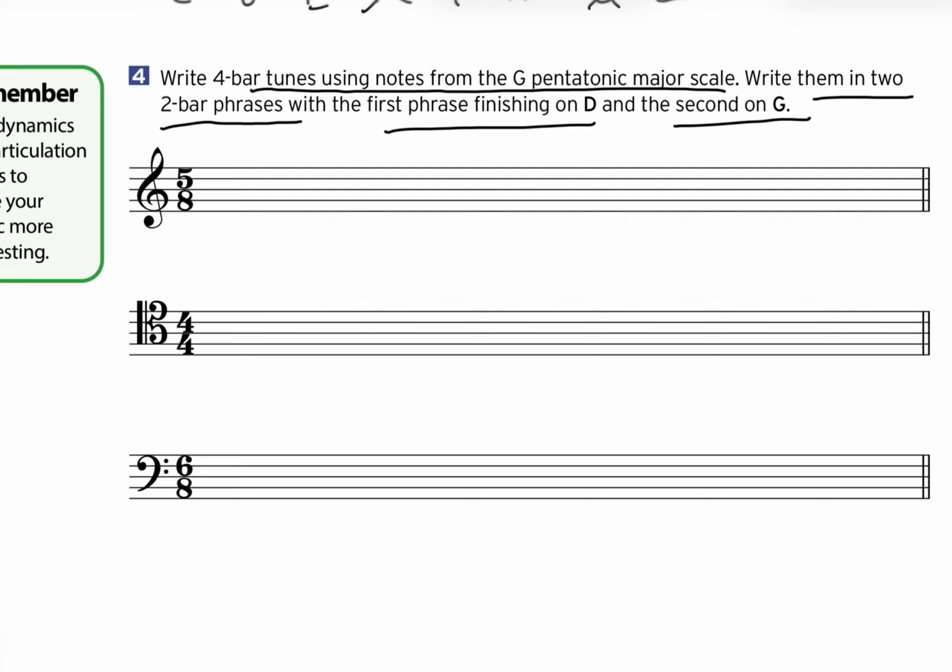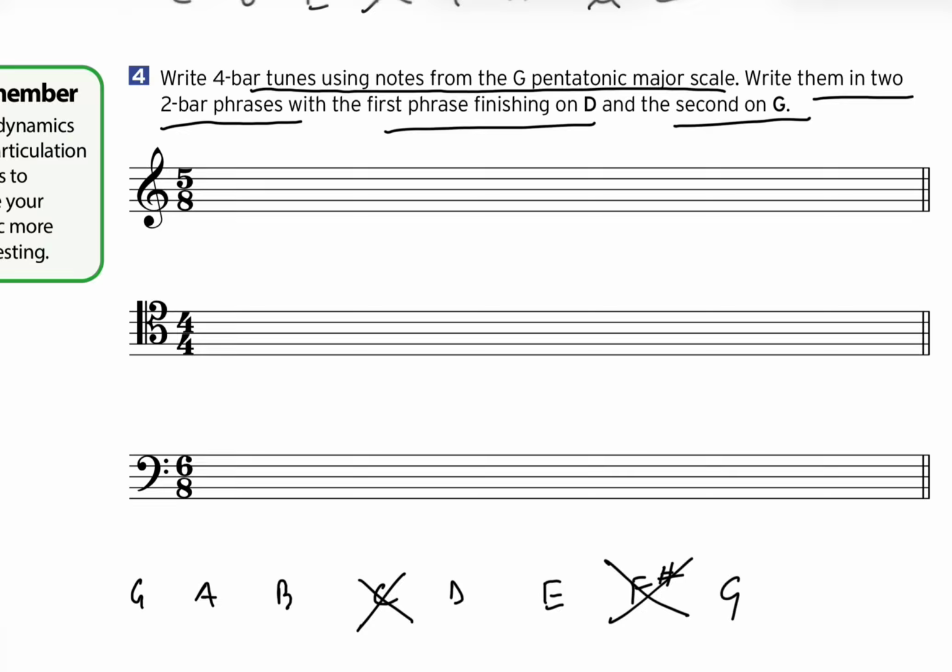First I'll write the whole G major scale, that is G, A, B, C, D, E, F sharp, and G. Now to make it a pentatonic scale, we just need to remove the 4th degree and the 7th degree. Okay, so now the notes we're left with are G, A, B, D, E. Okay, so let's make our tune now.